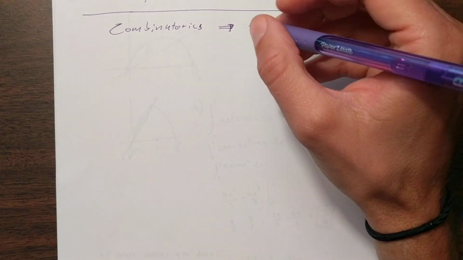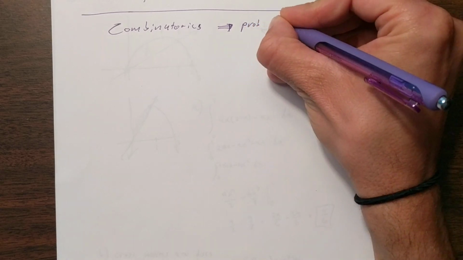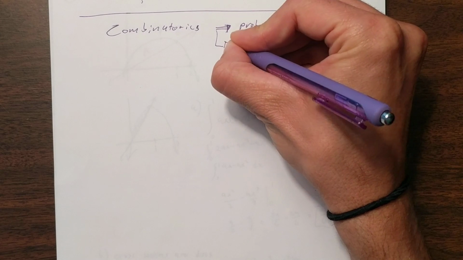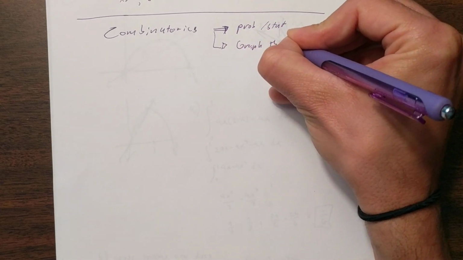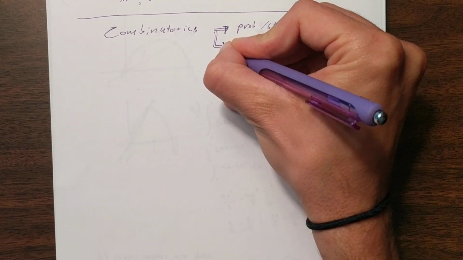And combinatorics has a lot of input into probability and statistics, as well as graph theory, which is something that I got really interested in when I was in grad school.